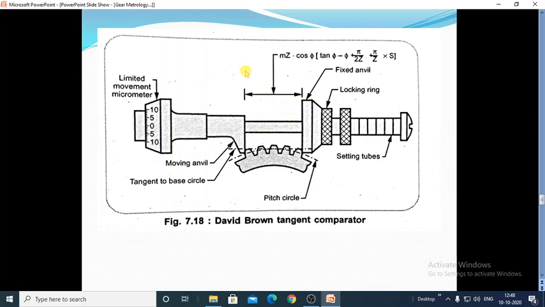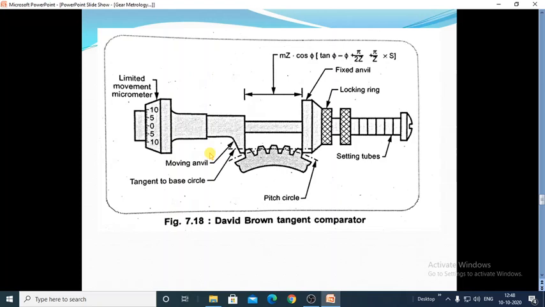This is the standard reference reading for the comparator. Now the gear span distance is checked and the variation in the setting is read on the micrometer dial provided on the device. The difference between the two readings gives the error in tooth thickness.